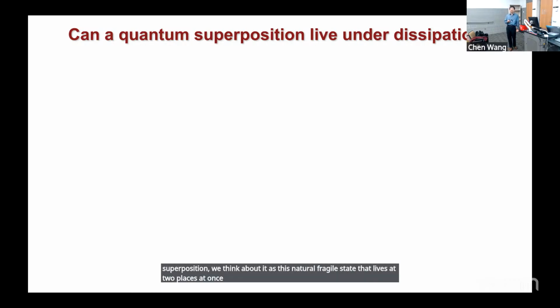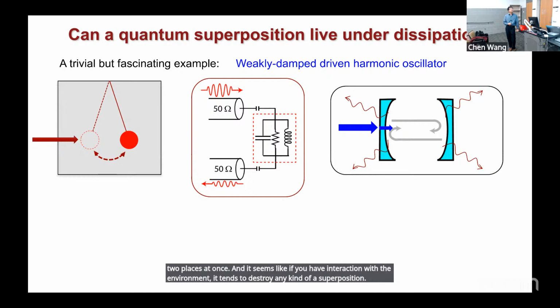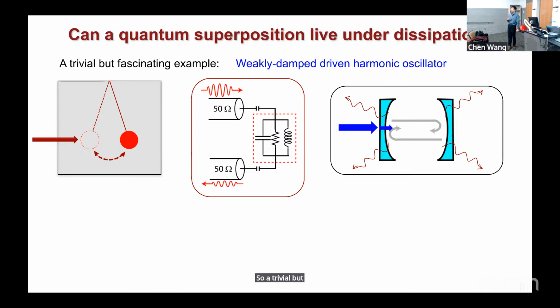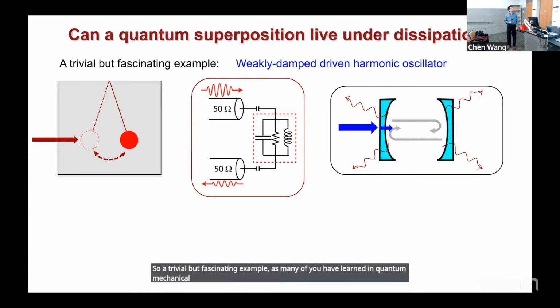And it seems like if you have interaction with the environment, it tends to destroy any kind of superposition. So a trivial but fascinating example, as many of you have learned in an undergrad quantum mechanics class, is that some natural states under a dissipative environment are actually quantum superpositions.